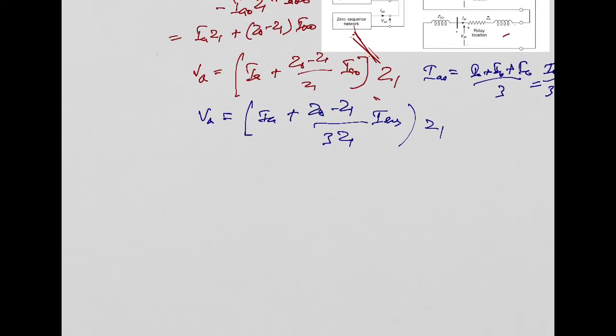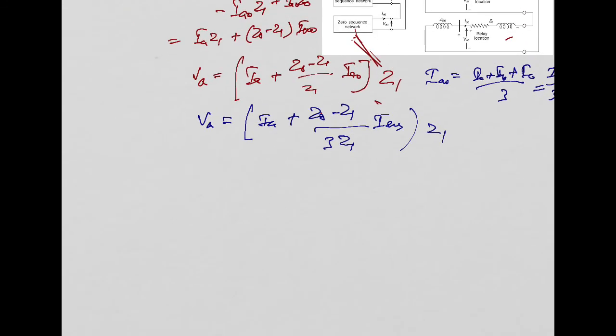So from this equation, the desired value of the impedance, that is Z1, is given by VA divided by IA plus (Z0 minus Z1) divided by 3Z1 into I residual.